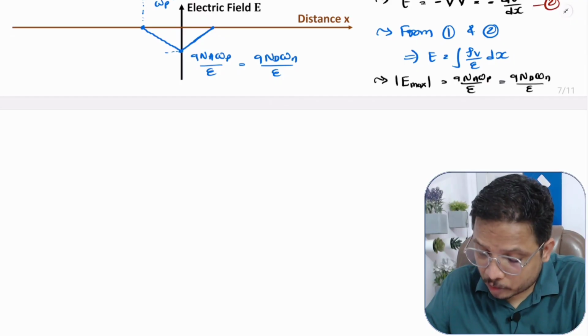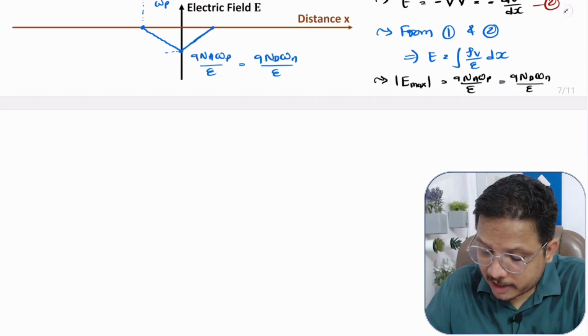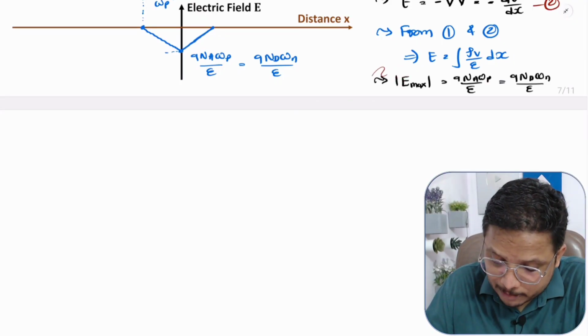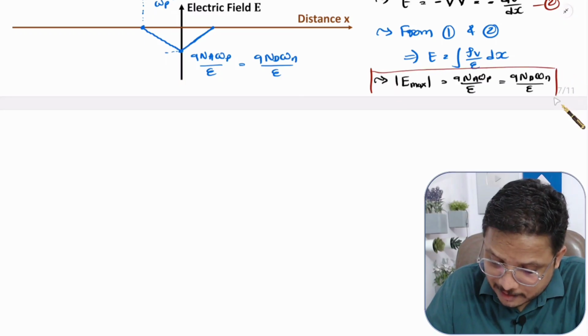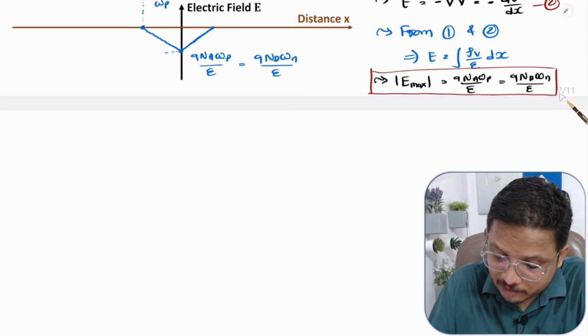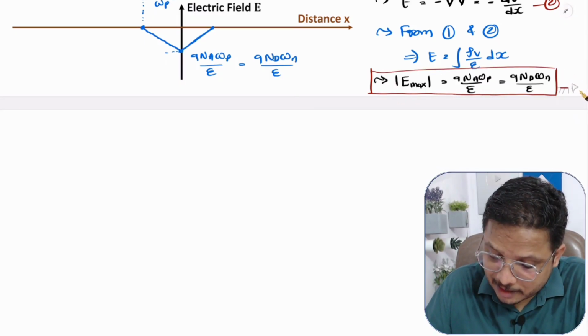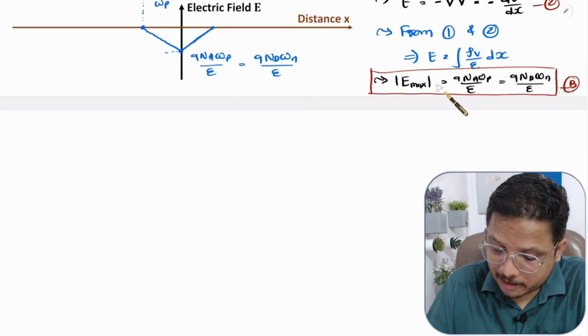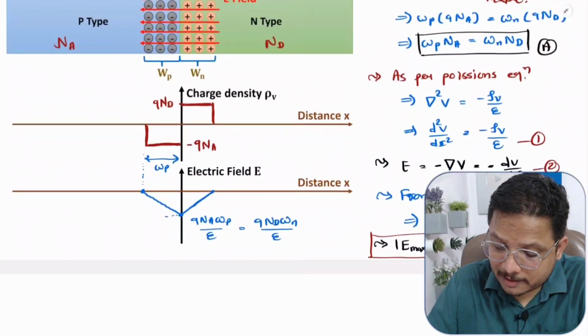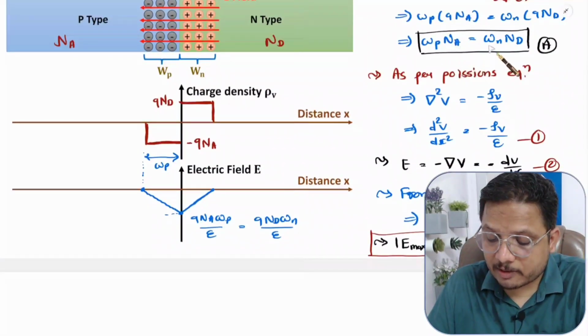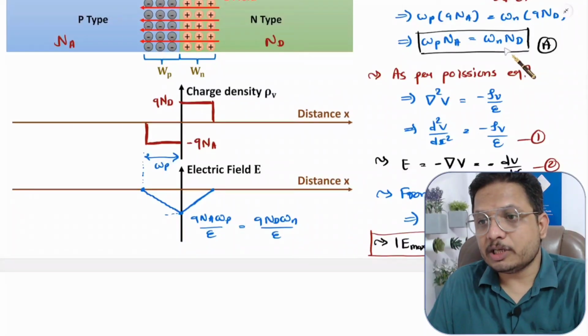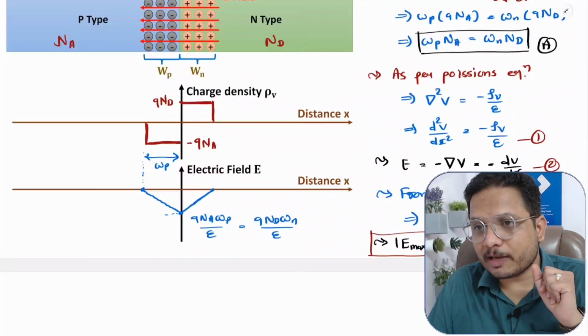So here there are two formulas that you will be using in future coming videos for solution of problems. One is this, which is based on maximum electric field. Let us say this is equation B, right? And the second one is this, Wp Na is equal to Wn Nd. These two equations are very essential for solving questions.